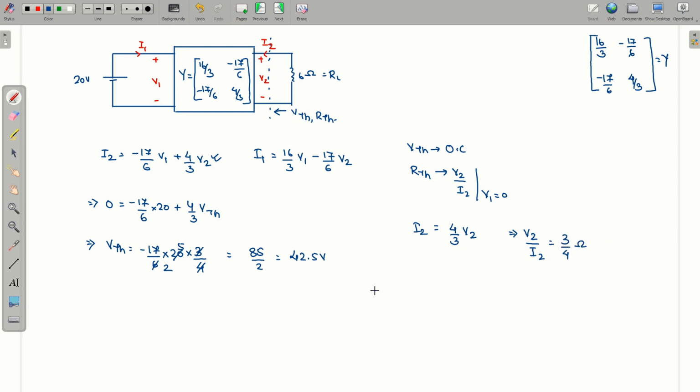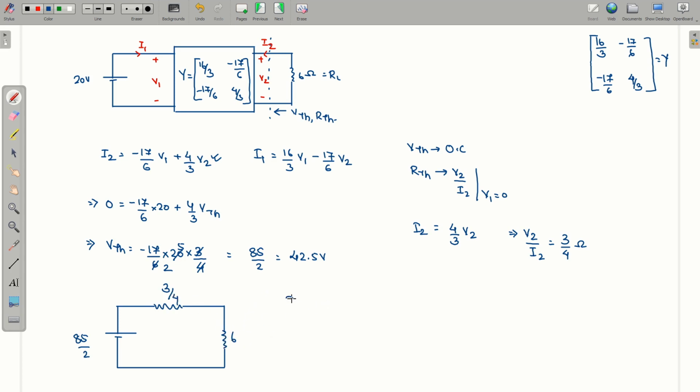Now if I redraw this circuit, we have calculated this as 85 by 2, this as 3 by 4, and this is 6.